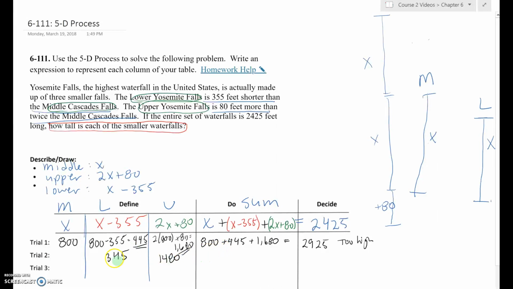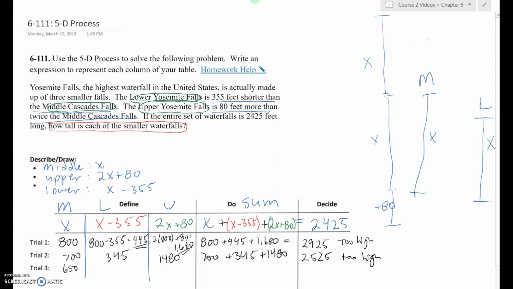If we add them together, 700 plus 345 plus 1,480, we get 2,525, and that's still too high. So I would try again. We've been getting close, so maybe 650, and plug them in again.